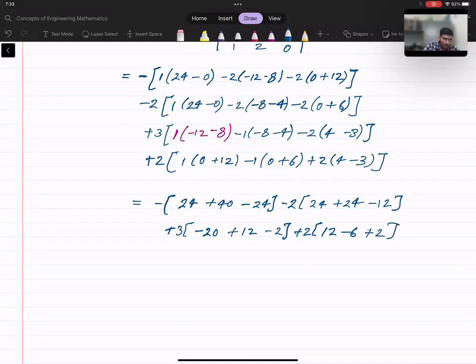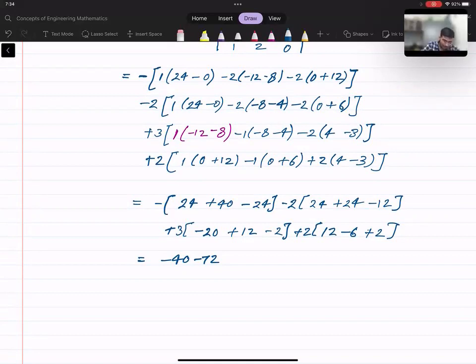Okay, and again after solving this, further expanding, this 24 gets cancelled, so this is minus 40, and here again we have 24 minus 12 is 12, so 36. 36 into 2 is 72, so we have minus 72, and after this we have 12 minus 2 is 10, and minus 20 plus 10 is minus 10.